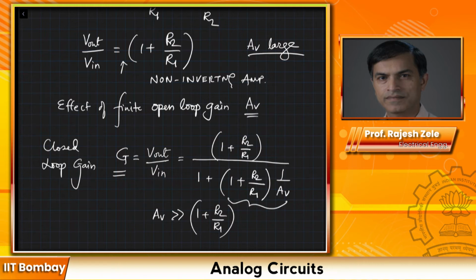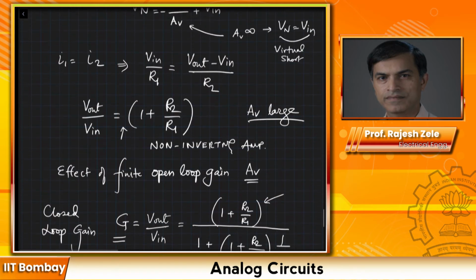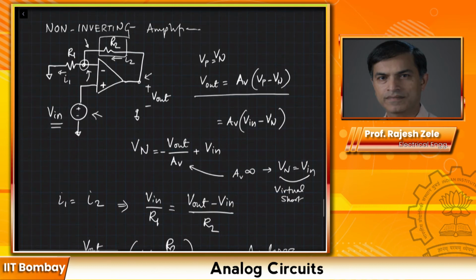And in that case, we can approximate this term as equal to 0, and then we get 1 plus R2 divided by R1 as our gain term. You can also convince yourself. So an interesting thing about this amplifier is, what is Rin for this amplifier?